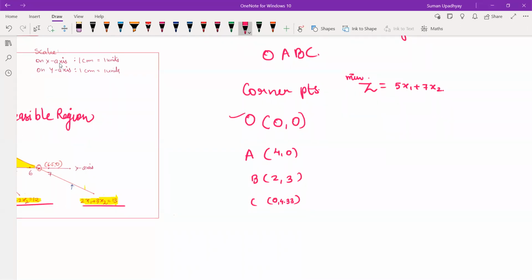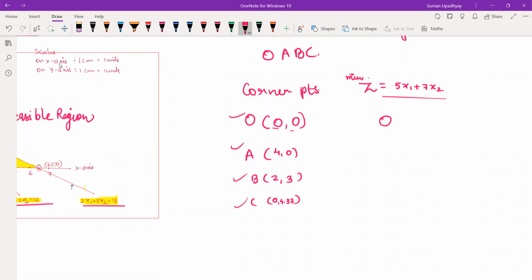All right. So we got all the 4 corner points, and we are going to put them in this objective function to see on which point I'm getting the optimal solution. So when I put x1 as 0 and x2 as 0, I'll get 0 only, so there's no point.